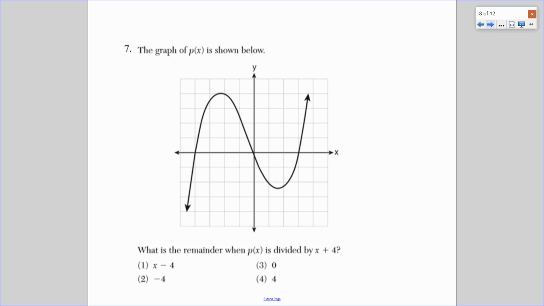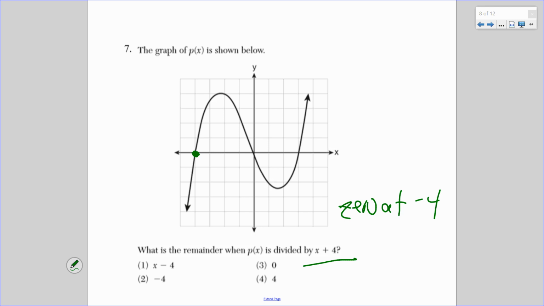What is the remainder when p of x is divided by x plus 4? This is the same thing we just talked about. If it has a factor of x plus 4, that means it's going to have a 0 at negative 4. Does the thing have a 0 at negative 4? Yes. That means that it's a factor.